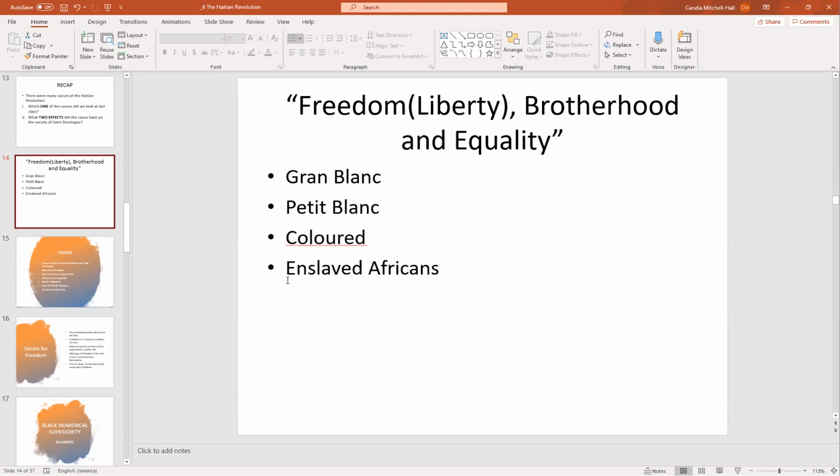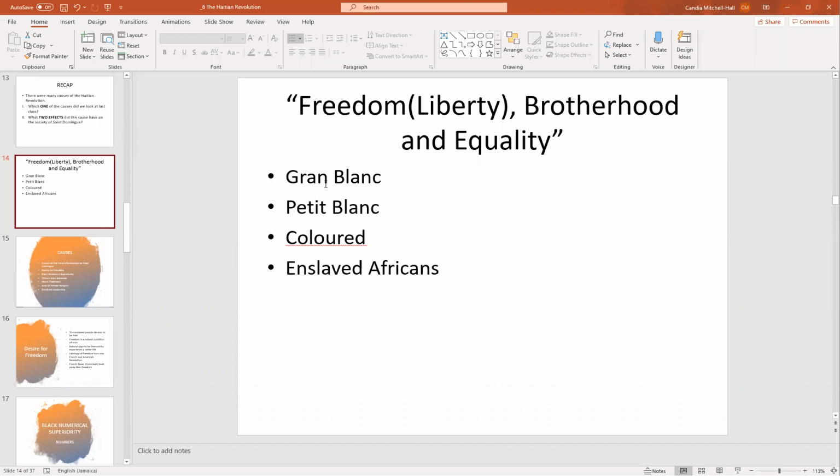The Grand Blancs wanted freedom from France, to govern themselves. The Petit Blancs wanted the same rights and privileges as the Grand Blancs. The colored wanted to be equal with the whites. And the enslaved said, listen, we need equality and we need to be freed. And so each group applied that to themselves.